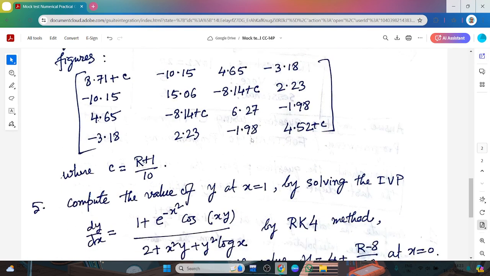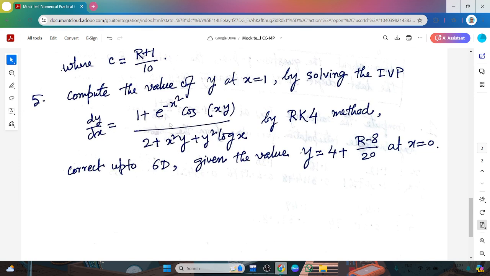Question 5 is the RK4 method. dy/dx is given, with initially x equal to 0, y equal to 4 plus (r minus 8) by 20.